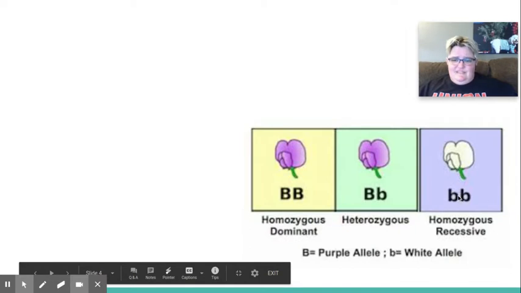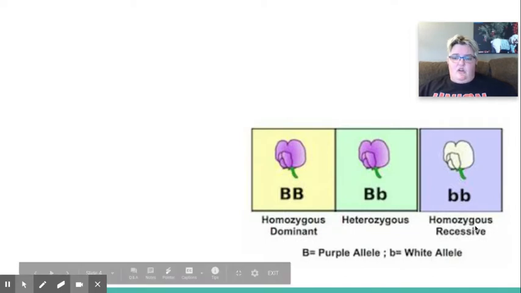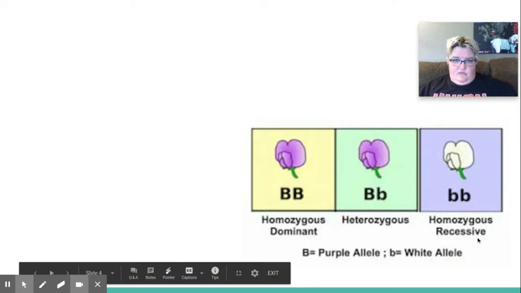Now, later on down the road, that great grandkid or whatever, all of a sudden has two little b's. Well, what that basically means is that this grandparent and another grandparent that also was this way came together to make this, which is called a homozygous recessive pea plant.